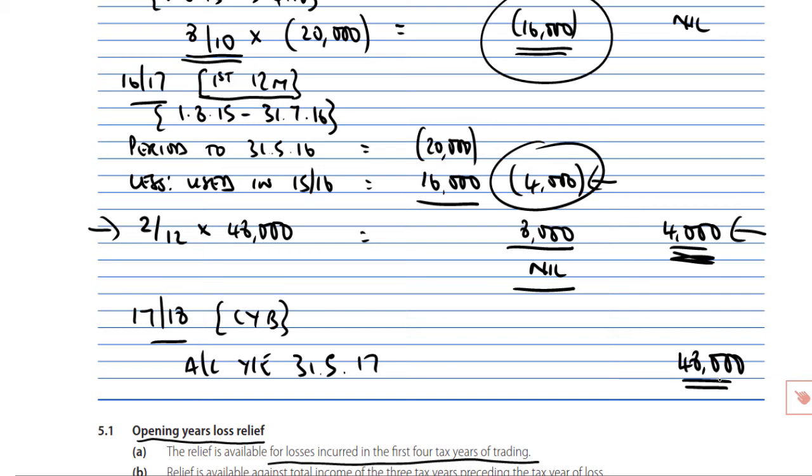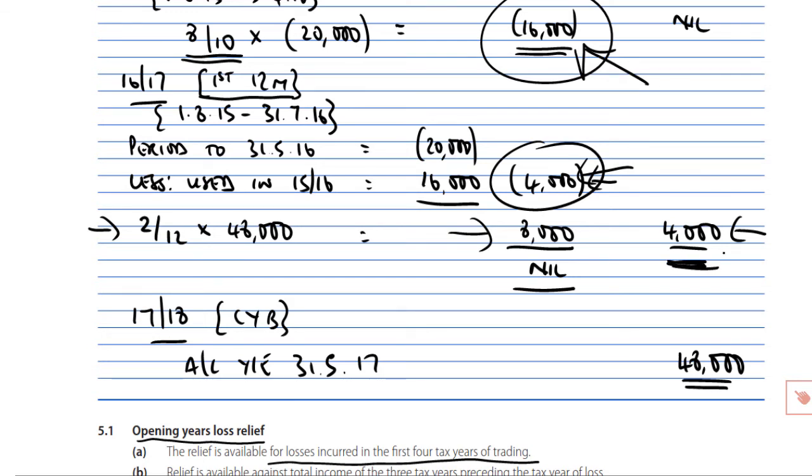Now, there was no overlap loss. There's no concept of overlap loss. You don't get to use it twice. So of the 20,000 loss made, the first 16,000 that fell in the first tax year, 15-16, is allocated to it. The remaining balance of 4,000 is set against the income in the second tax year's basis period of 8, netting out to a reduced £4,000 net profit assessment.